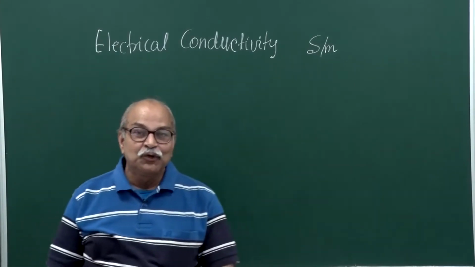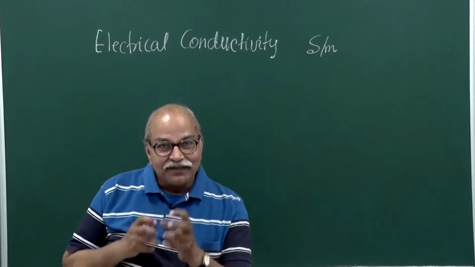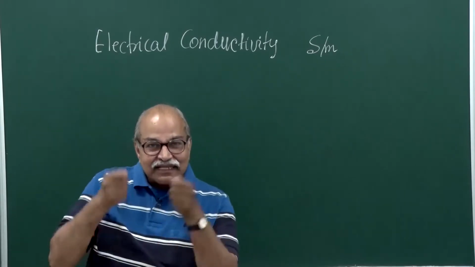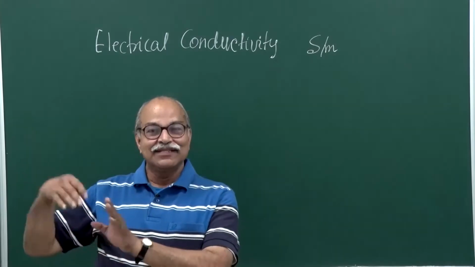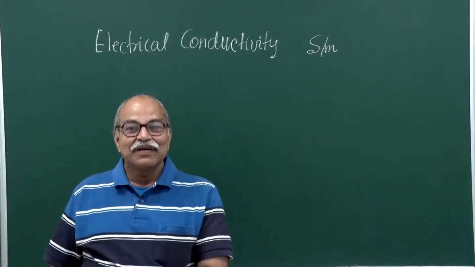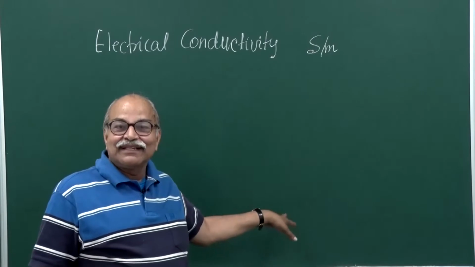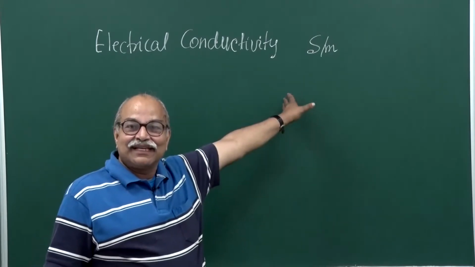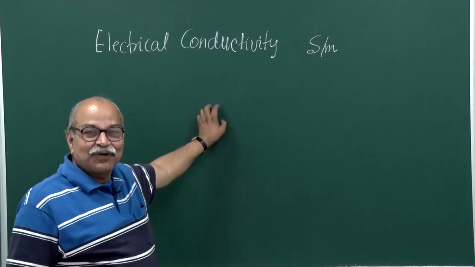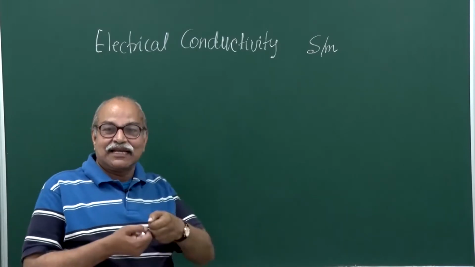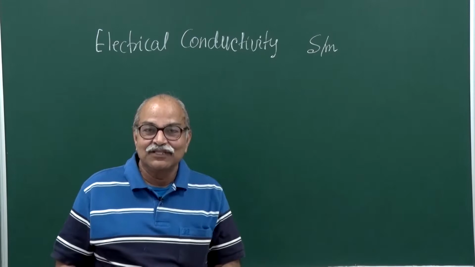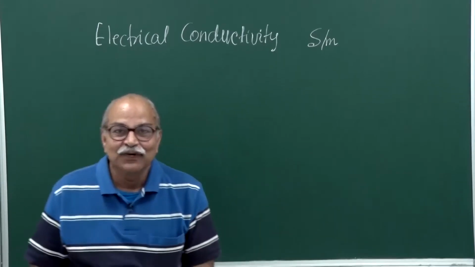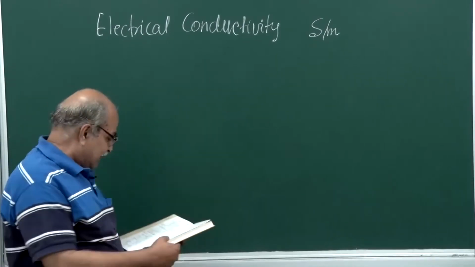Don't worry if you do not understand what this Siemens per meter is, what this conductivity is, how it is defined. Maybe we will do it in later lectures. But here, just to compare, the SI unit is S per m, and you focus on the numbers to get a relative idea of which one is more conducting, which one is less conducting, and so on. So focus on those numbers only.